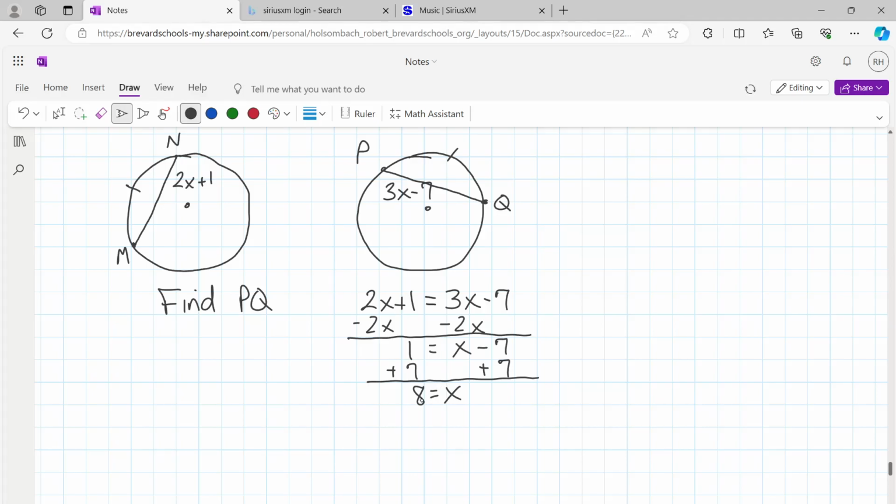If 8 is equal to x, then PQ is equal to 3 times 8 minus 7. 3 times 8 is 24 minus 7. That's 17. So PQ equals 17.